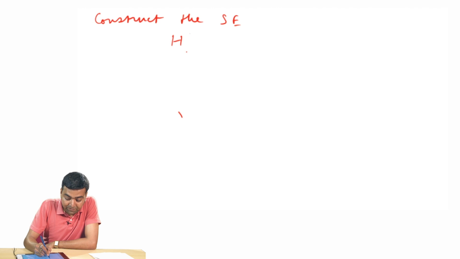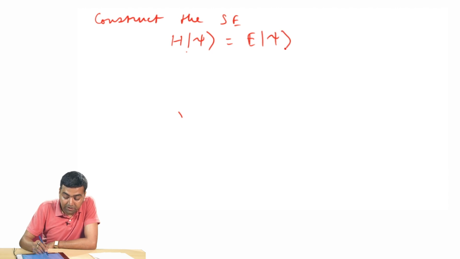So, we start with H. This is my Schrodinger equation now using the wave functions in the vector form. Earlier we had it in the functional scalar form. This psi, you remember, we are going to expand in a basis set C k.